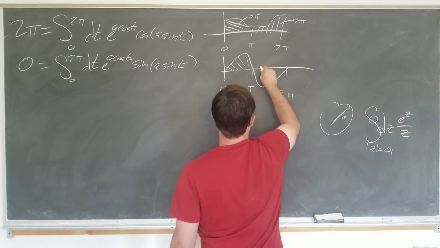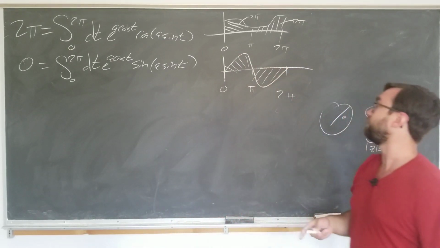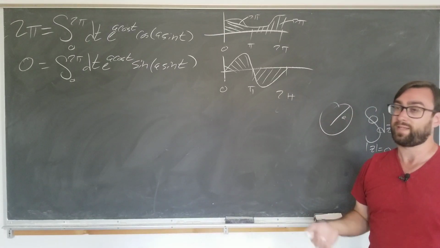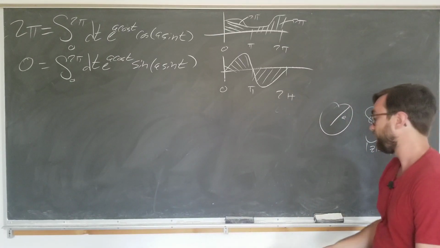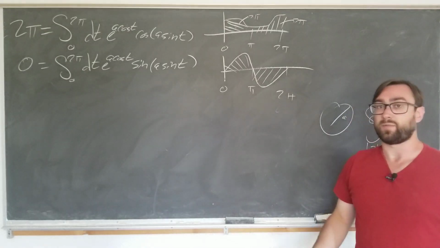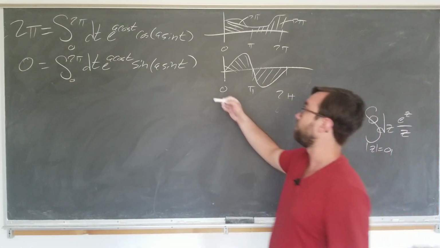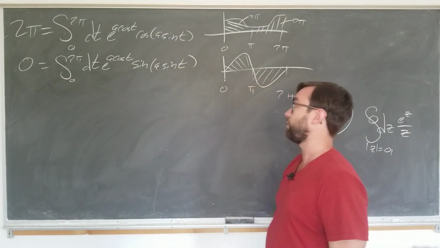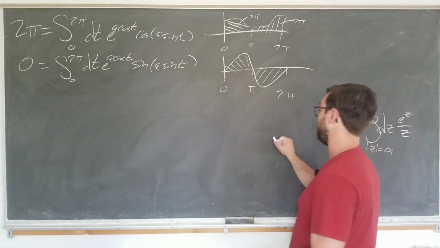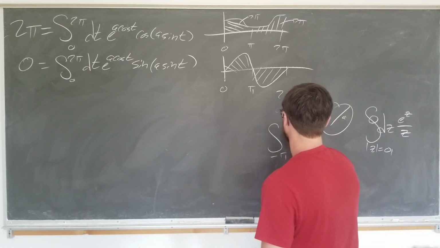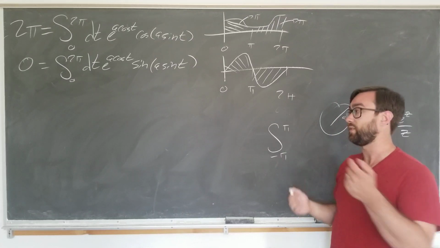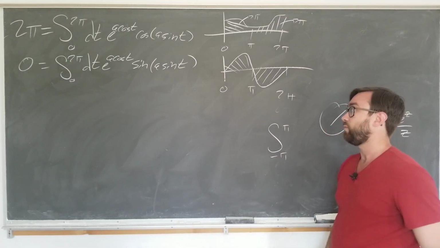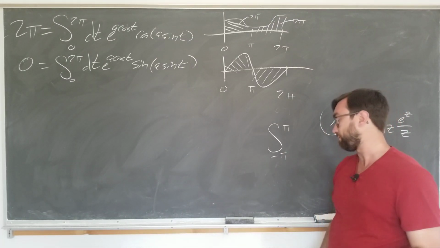So again, we would postulate that these areas would be equal, so that if we add them together, they would be 0. This is not as simple as it sounds, because even though this is an even function and this is an odd function, we're not currently integrating it over a symmetric domain, like minus pi to pi, to be able to conclude such things. But there are two ways that we can do it.